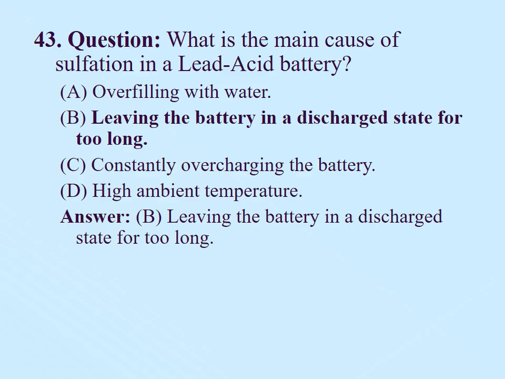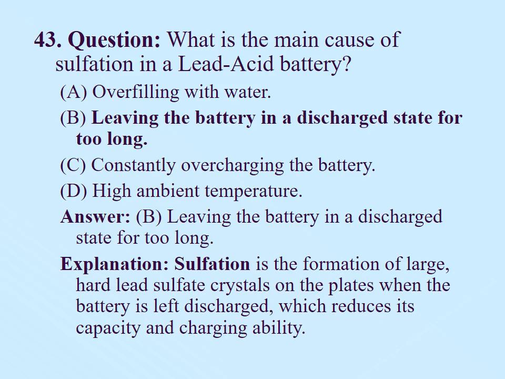Answer is option B, leaving the battery in a discharged state for too long. Sulfation is the formation of large hard lead sulfate crystals on the plates when the battery is left discharged, which reduce its capacity and charging ability.